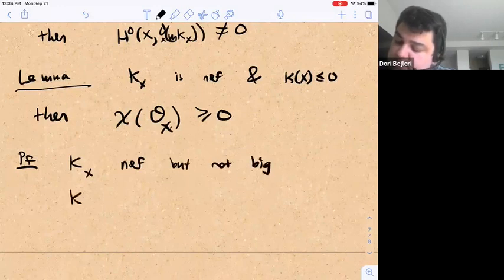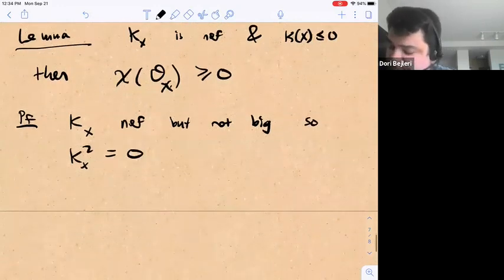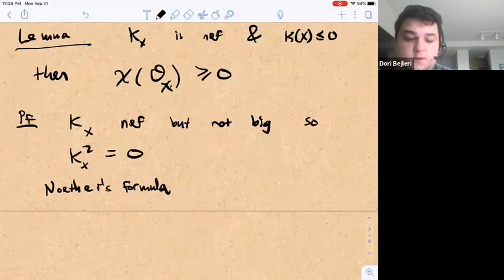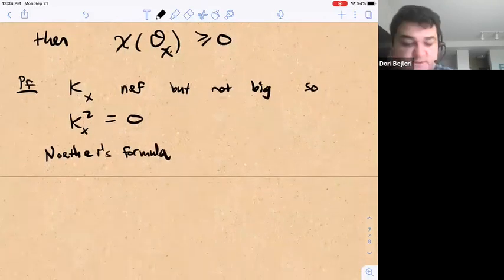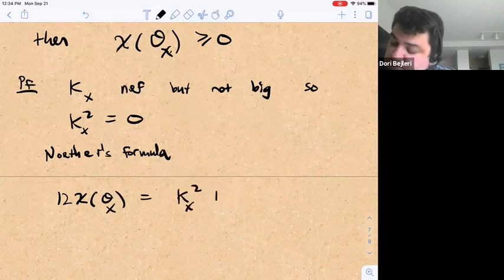So that means that K_X squared is 0. And now we can plug into Noether's formula, which I used the other day, but didn't really write down carefully. But it's some variant of Riemann-Roch. So the version that we want is that 12 times the Euler characteristic is equal to K_X squared plus the topological Euler number of X.